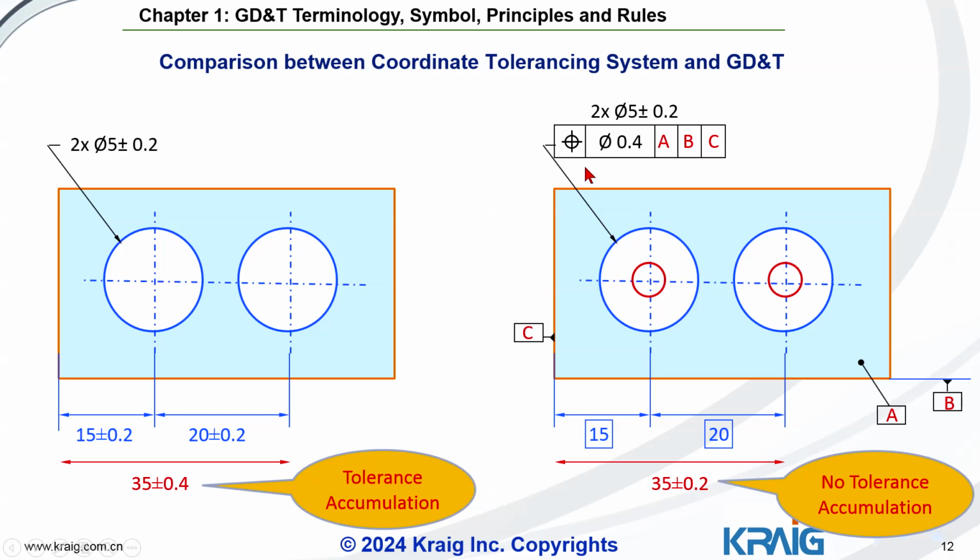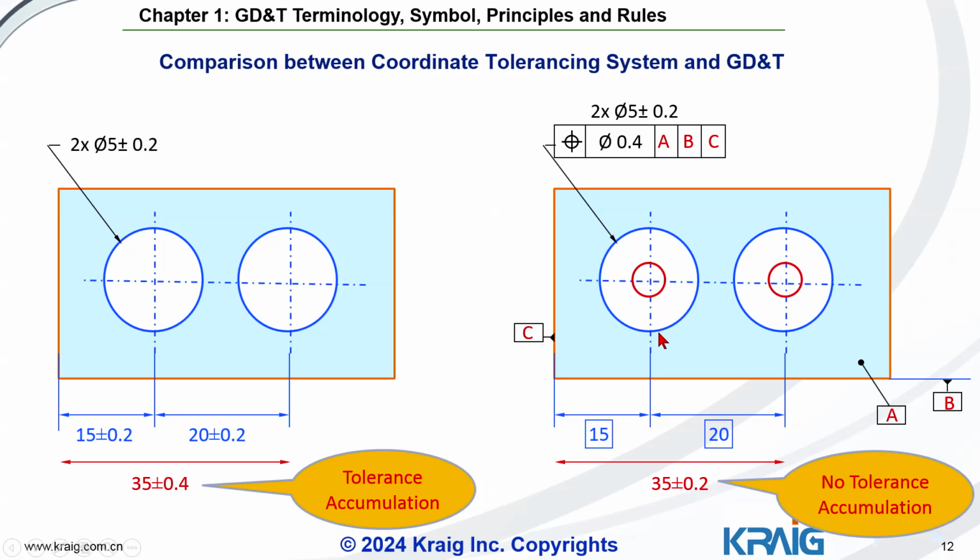Okay, so what about the position? If you look at the position tolerance, 2 times, referenced to ABC, what does it mean? 2 times position referenced to ABC. That means both holes are using the same datum ABC. Even though they put basic dimensions 15, 20 here, this hole still uses the datum ABC, and this hole still uses the datum ABC.